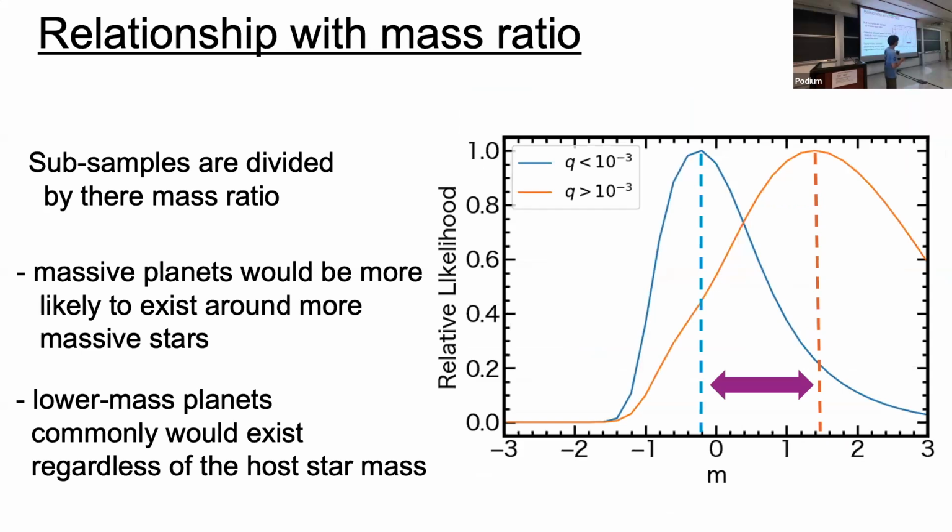The question is why are you separating the sample, and don't you expect it to be a continuous change? Is there a reason why you chose to separate it into two samples of high mass and low mass?